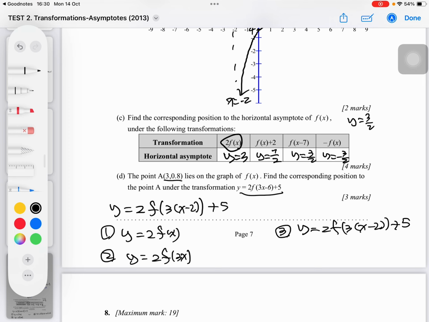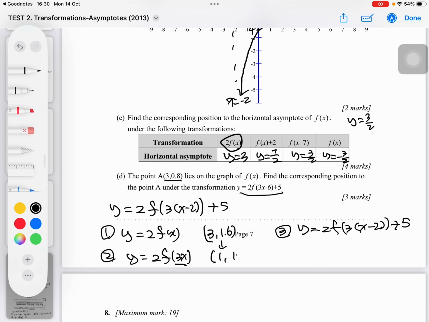Let's go together. So the first one, vertical stretch by a factor of 2. So only y can be doubled. So 3, 1.6. And number 2, only x becomes 1 over 3.